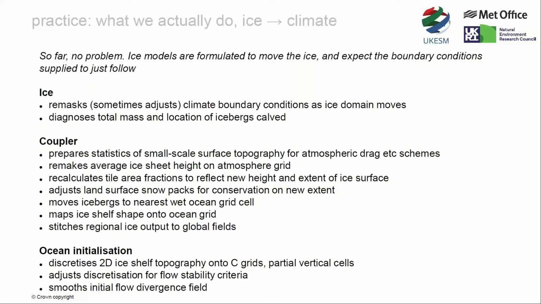Having everything outside the models in this file system sense means we can also take advantage of the code that's already written for creating static boundary conditions when, say, the atmosphere model is initialized. So for some of these procedures, we can take advantage of stuff that's already written.